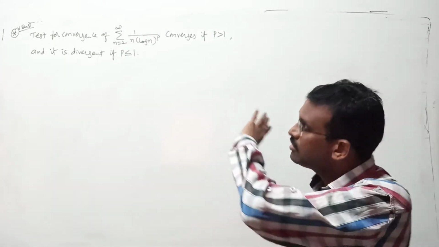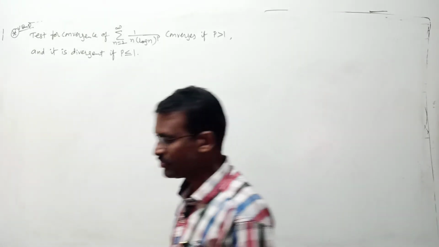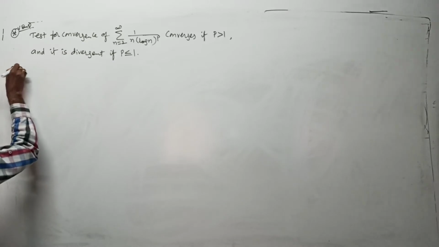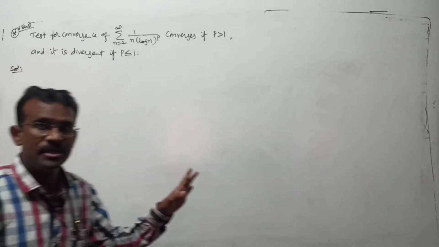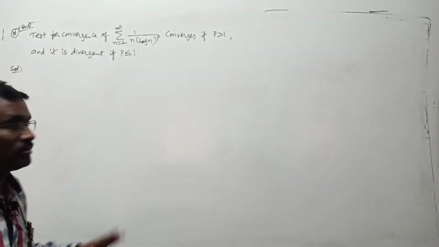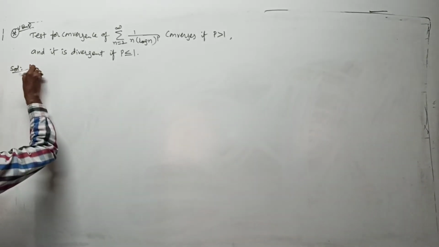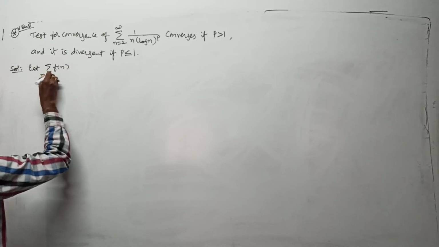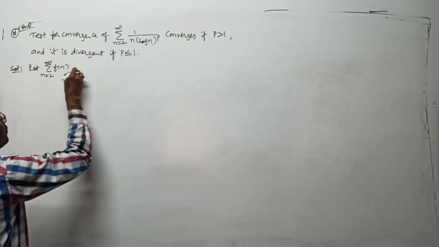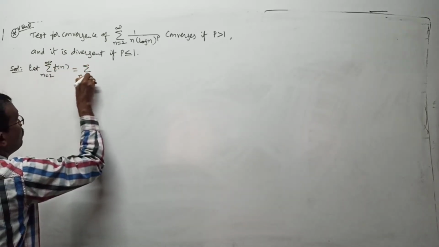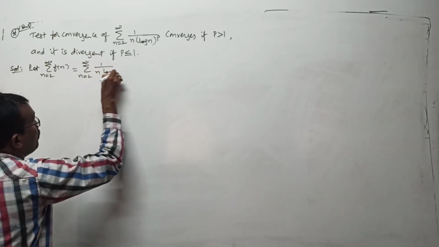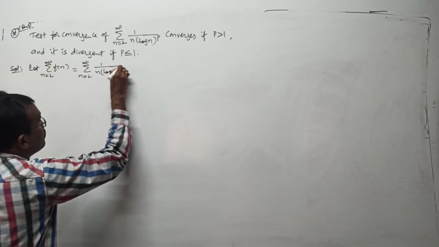But we are doing that one as a problem, ma, an important problem. Here also they are not giving any method name, but compulsorily this problem you must do by the integral test. This is the only option, right? Let sigma f of n from n equal to 2 to infinity be equal to sigma n equal to 2 to infinity 1 by (n into log n) whole to the power of p.